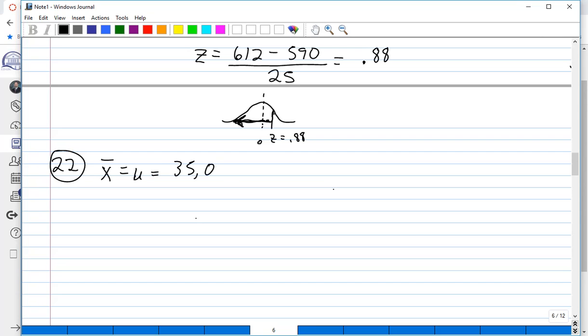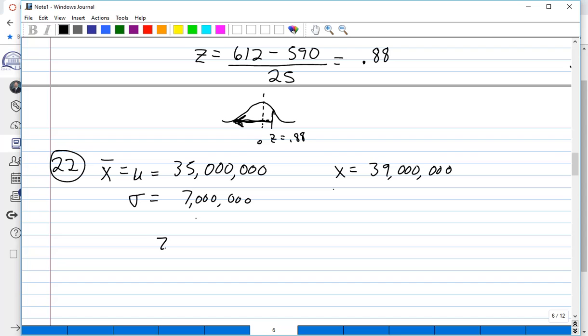So 35, I may have said 1,000. 35 million was our mean. And then our standard deviation we're given. So for this problem, you could write sigma or you could write S. It's going to be the same thing. It's 7 million. And then our x value. So the thing that we're talking about being less than or greater than, that was 39 million.